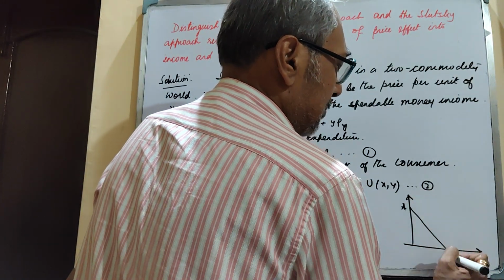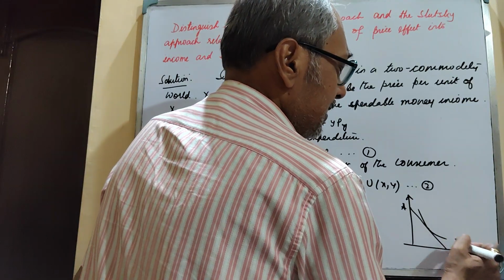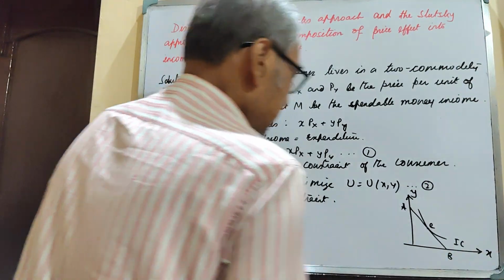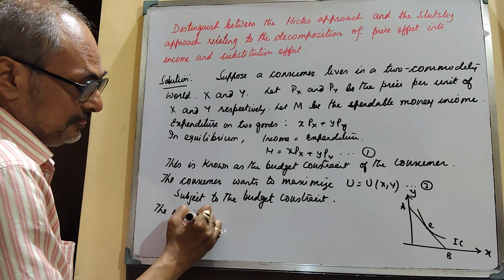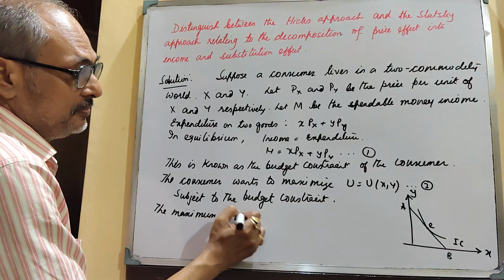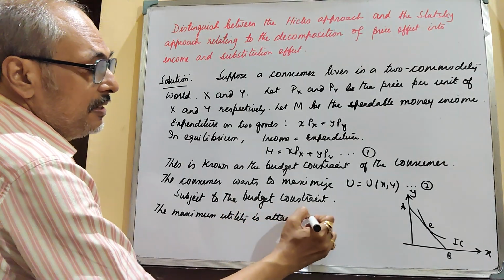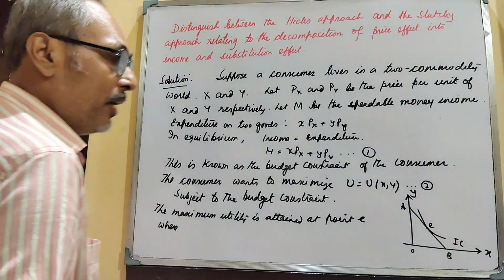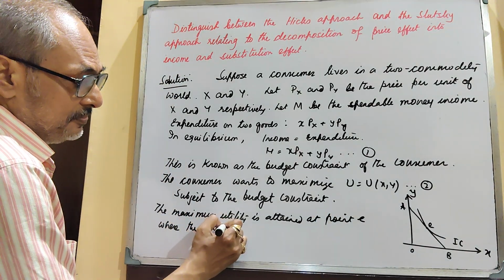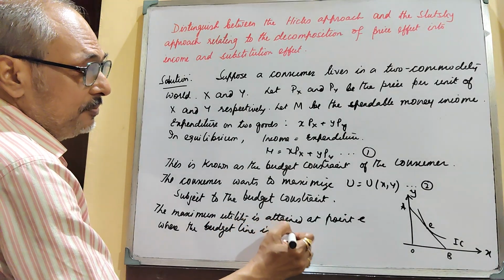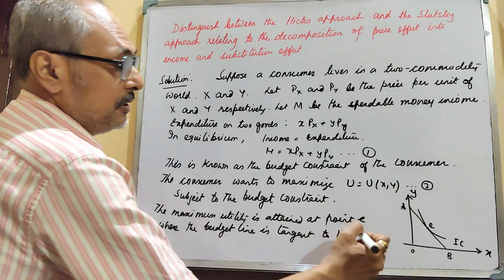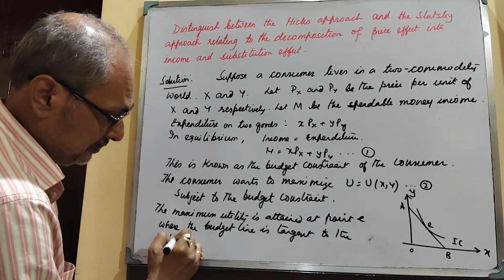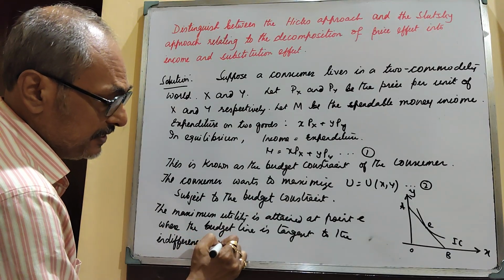Suppose AB is the budget line and this is the IC. The maximum utility is attained at point E, where the budget line is tangent to the indifference curve. Indifference curve is denoted by IC.